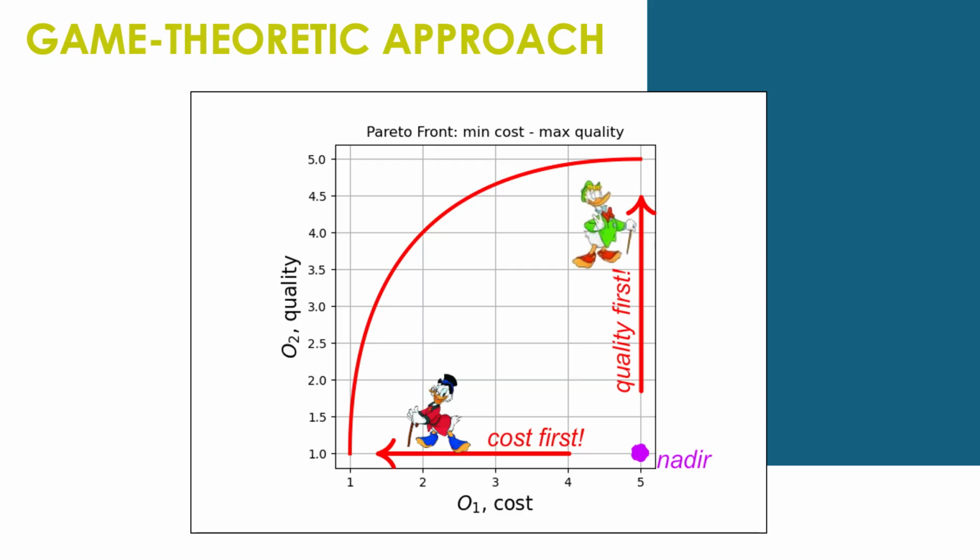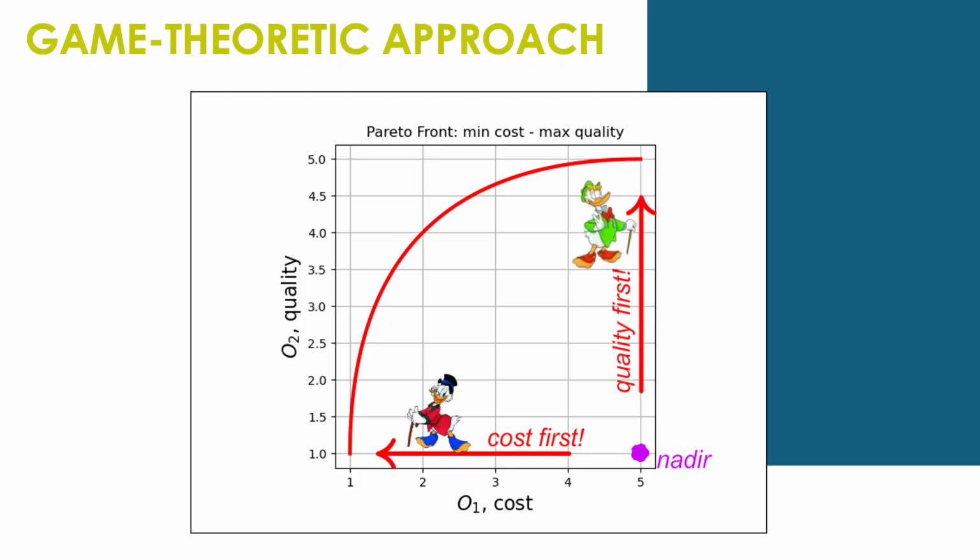It's a way of selecting one solution, like in the restaurant picking problem, where we had a two-dimensional plane, with the cost on one axis and the quality on the other axis. If you remember, Uncle Scrooge was trying to minimize the cost regardless of what the quality of the restaurant was, while Gladstone was trying to maximize the quality regardless of what the cost was.